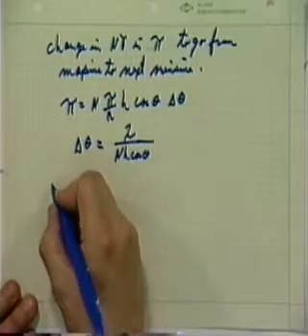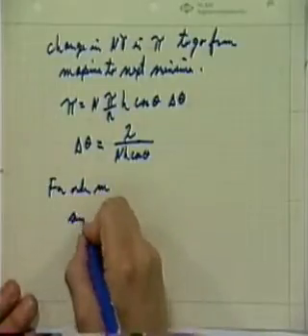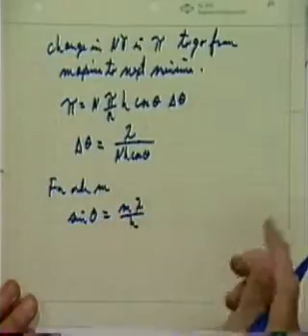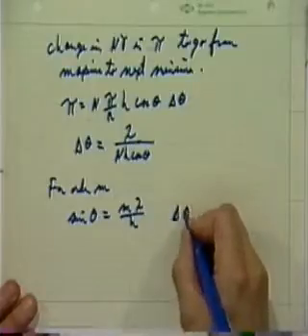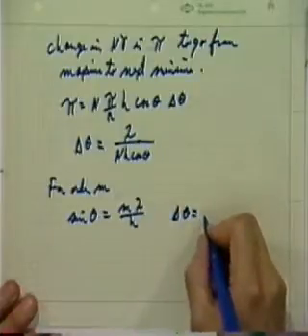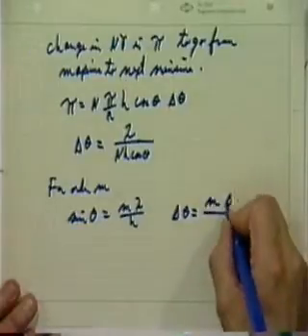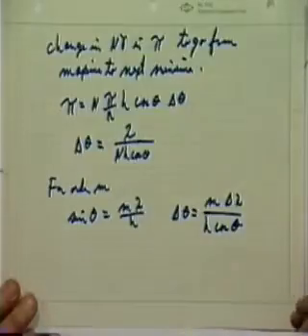And if we go for order m, we see sine theta is m lambda over h. And so if the wavelength changes, delta theta will be m delta lambda over h cosine theta.